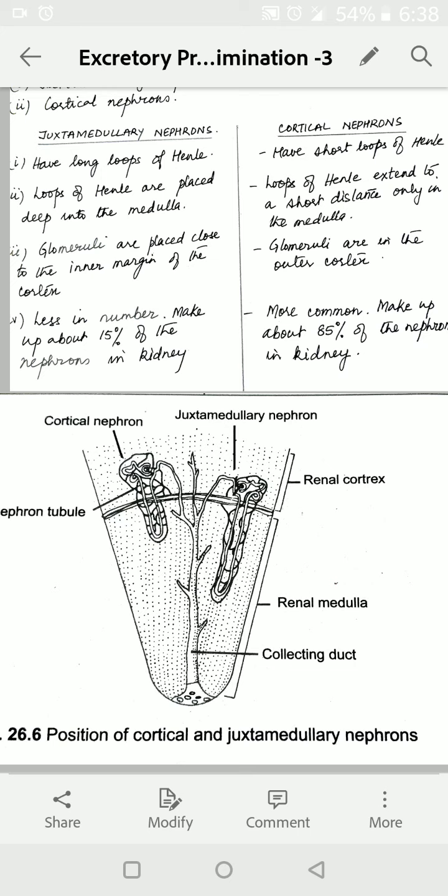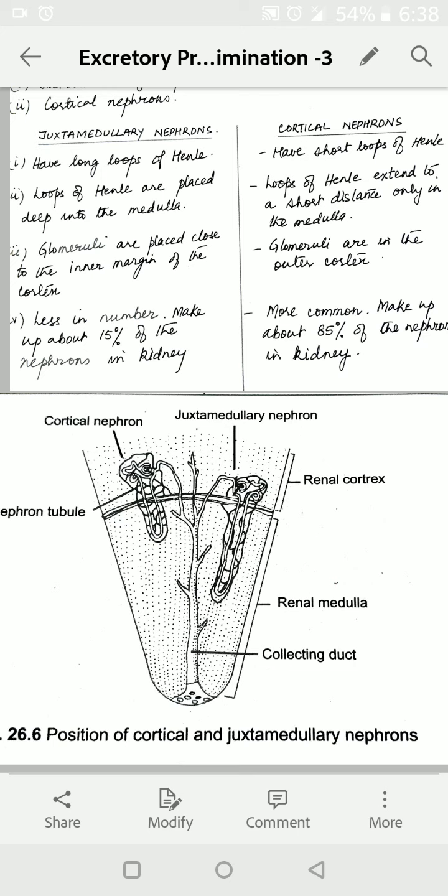The glomeruli of the juxtamedullary nephrons are placed close to the inner margin of the cortex, whereas in the cortical nephrons they are placed in the outer cortex.